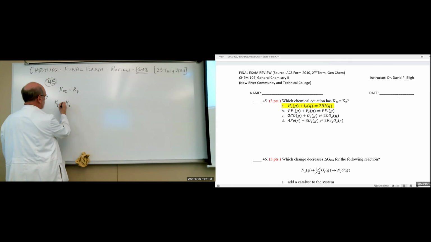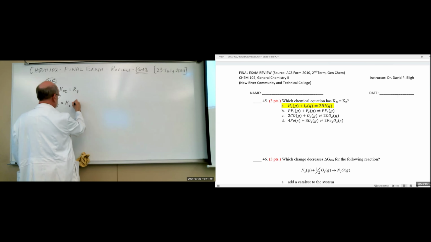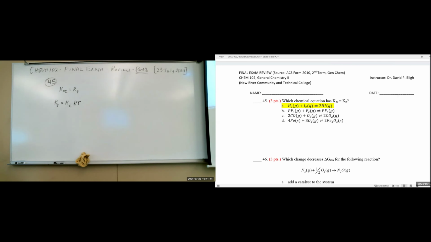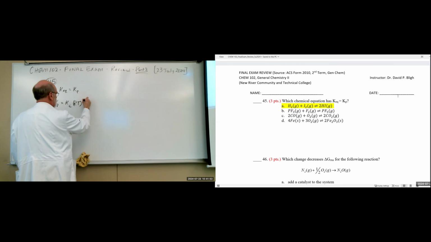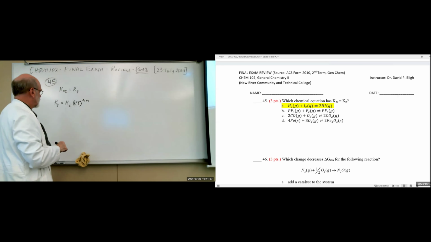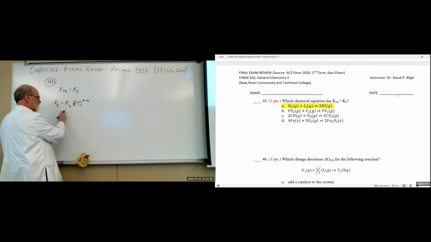KP equals KC times (RT) to the power delta N. Delta N is the change in number of moles. So when would this one be equal to this one?